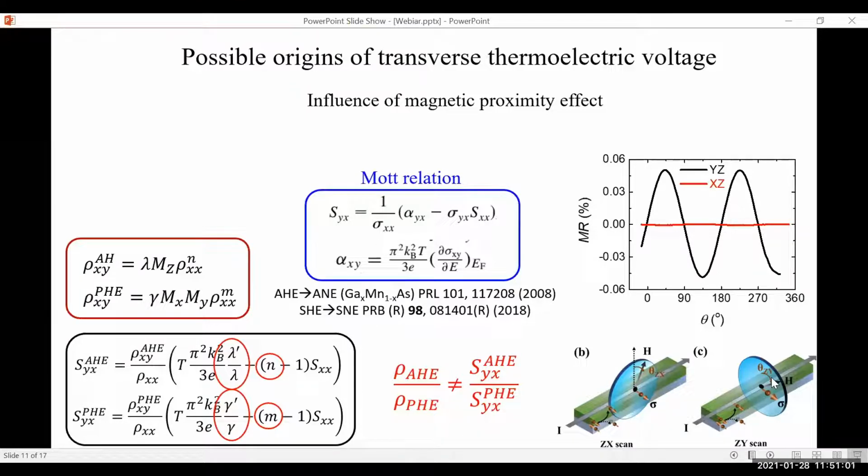If the magnet is an insulator, then in configuration B you should not see any magnetoresistance, because in figure B the angle between magnetization and current continuously changes, so it basically gives you AMR. If the magnet is a pure insulator, it should not produce any AMR.